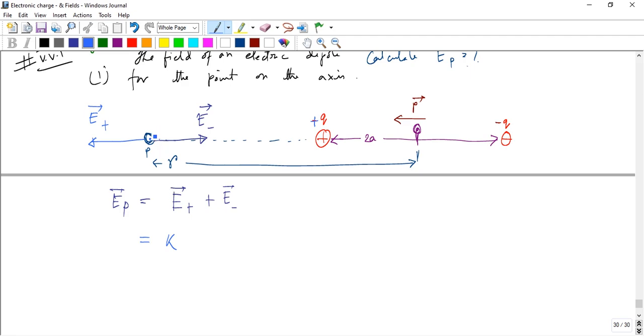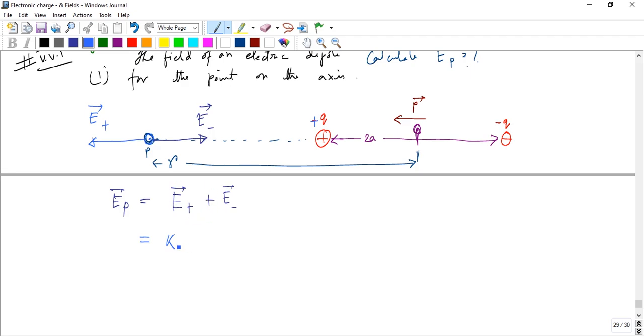That is very important. If you want to check whether a field is present at any point, bring a test charge, positive or negative. The electric field is independent of the test charge, so choosing positive or negative doesn't affect the equation.